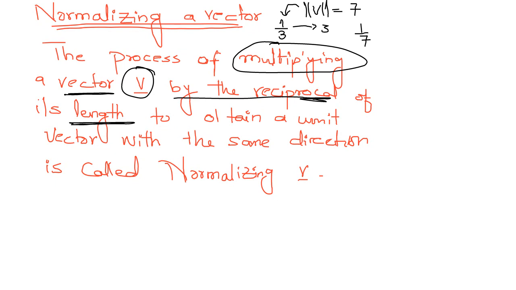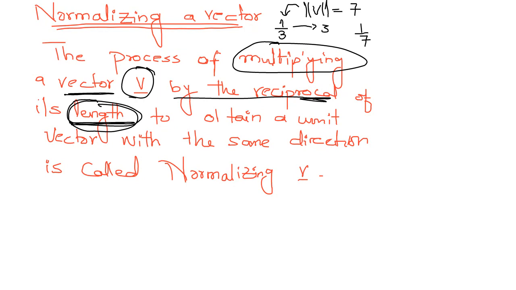So you multiply the same vector by the reciprocal of the length, and you get the normalization. First find the length, and whatever the length is, take the reciprocal. If the length is 4, the reciprocal is 1 over 4. Then you multiply 1 over 4 with the vector, and you get the normalization.